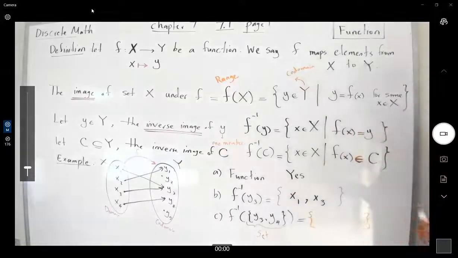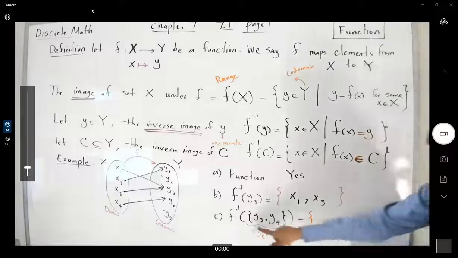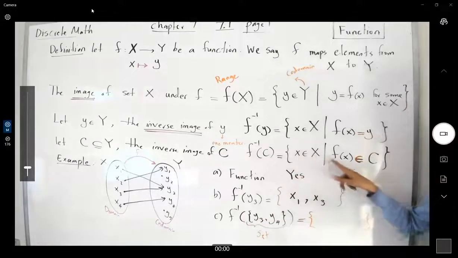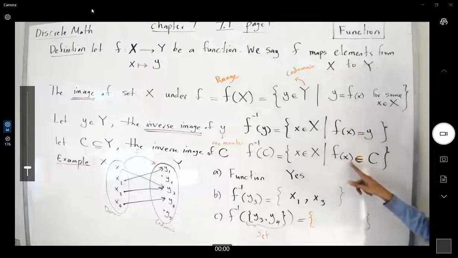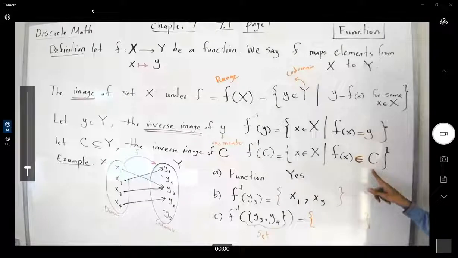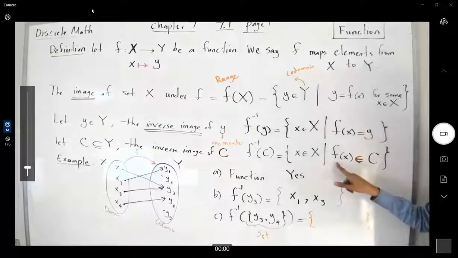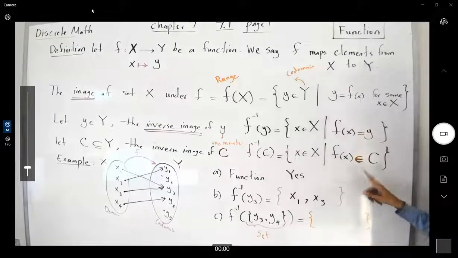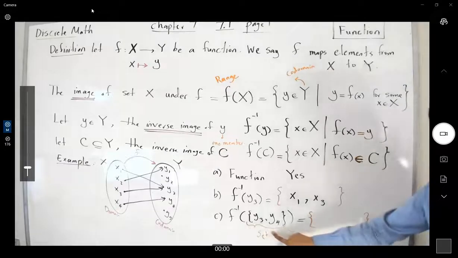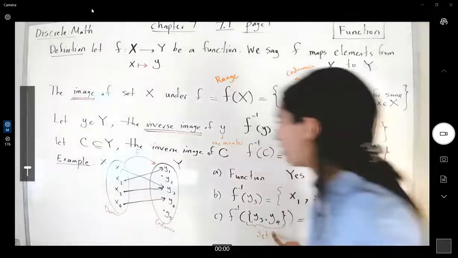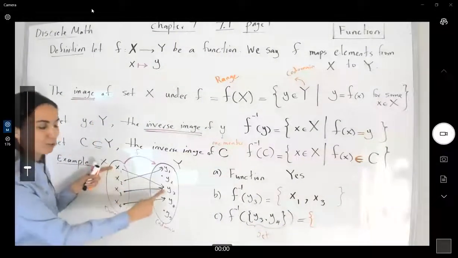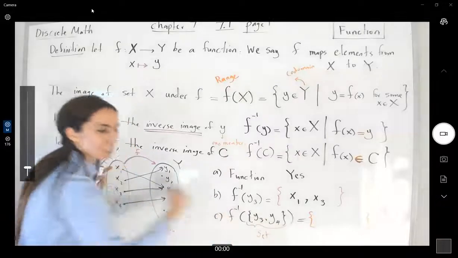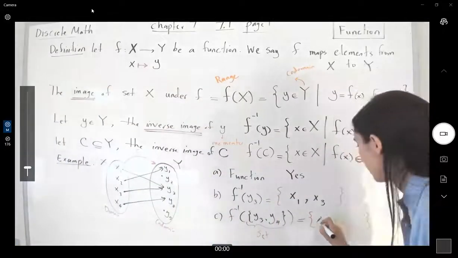We're looking for elements in the domain such that when f takes those elements, they belong to set C. They are members of C. What is f of x1? f of x1 is equal to y3. y3 belongs to this set. So the first one is x sub 1.